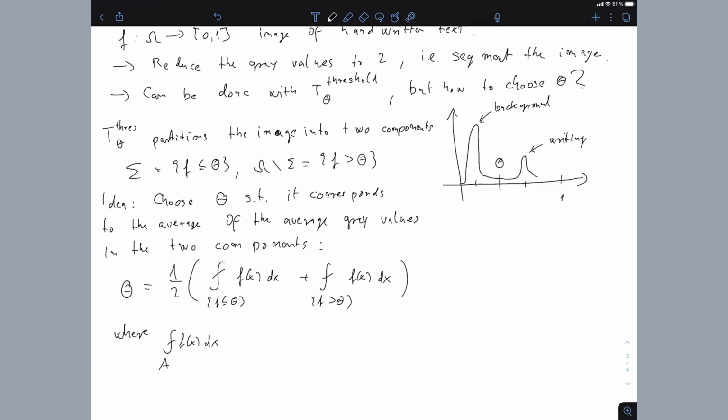This is just the average integral, where we are integrating as usual, but we're just dividing by the volume to get the average value of f in that area.